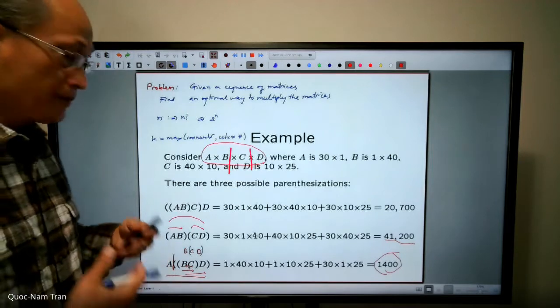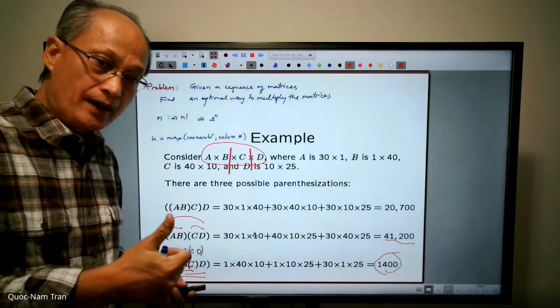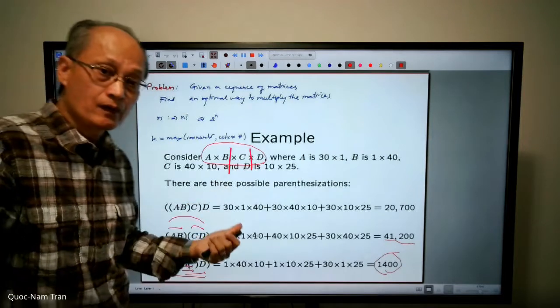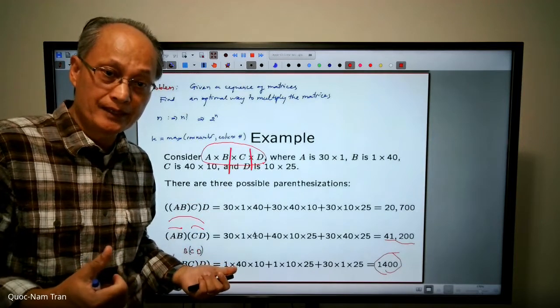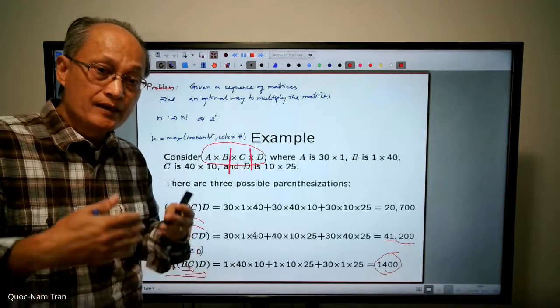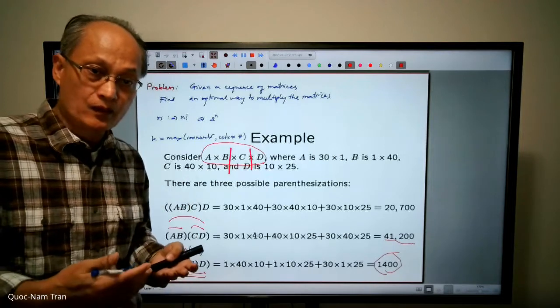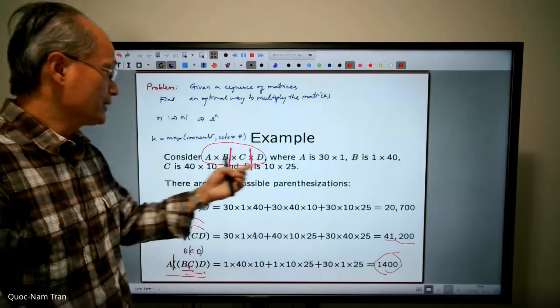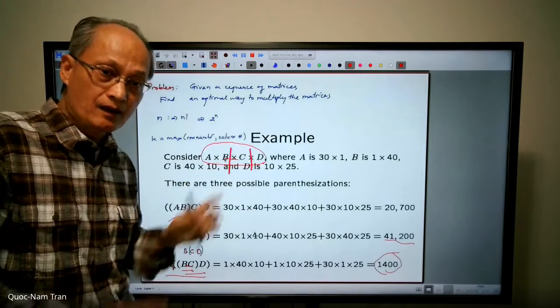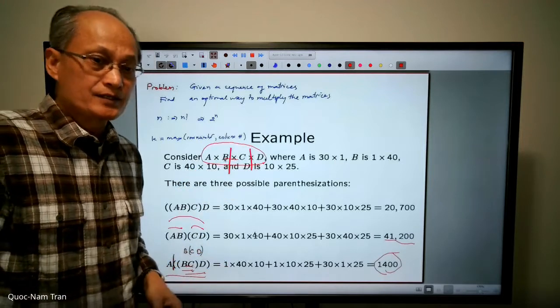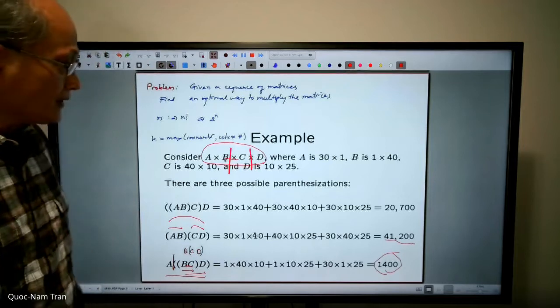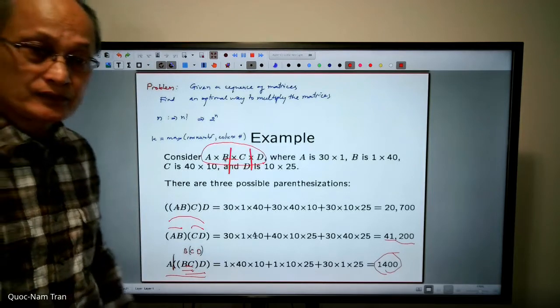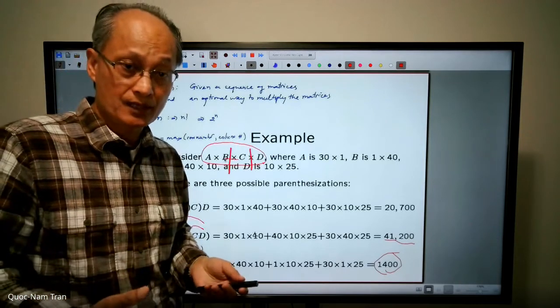How can we find the best way? Number one, this problem is what we call an optimization problem. We have to find the best way, or in other words, the optimal way to multiply the matrices, not any way. One thing we can do is an exhaustive search.